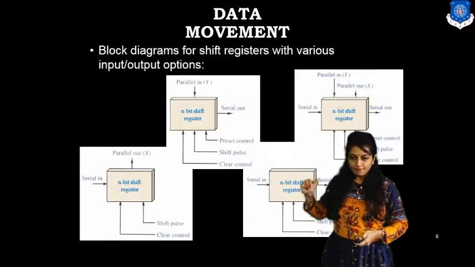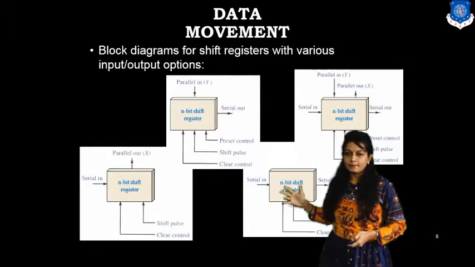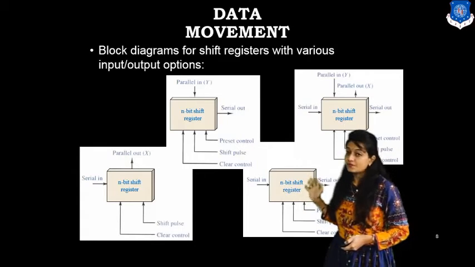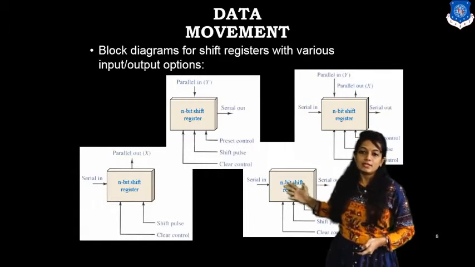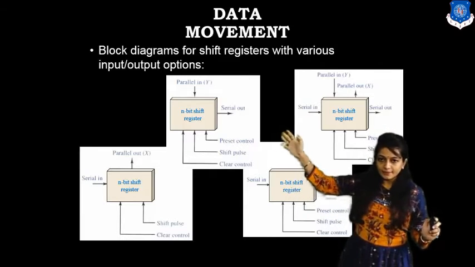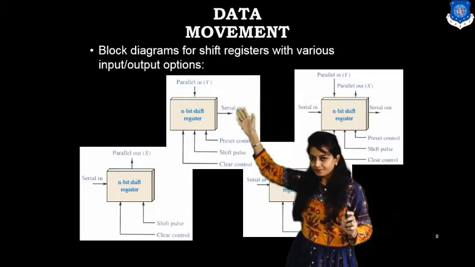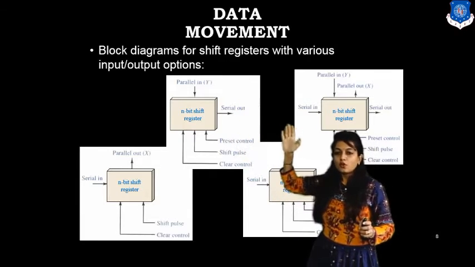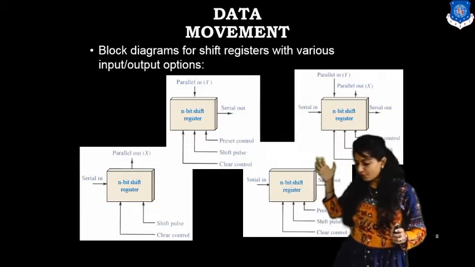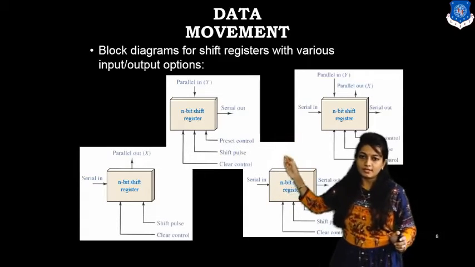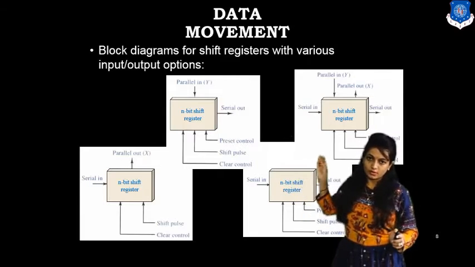Now, we will see the block diagram individually for the data movement. This is the block diagram for the shift register with the various input-output options. First, consider the first case, parallel input, serial output. For all the data movement, the preset control is there and the clear control is there for all the cases.